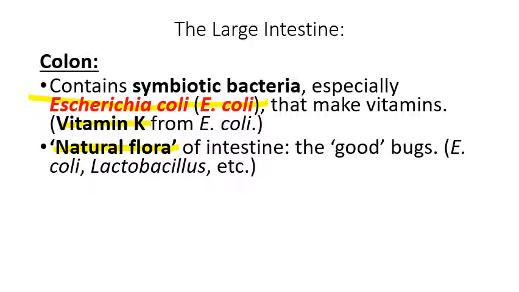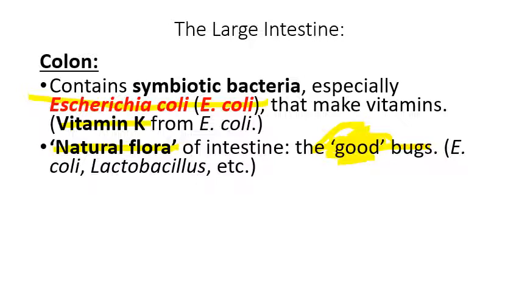And we can sometimes refer to them as the good bugs of the human intestinal microbiota, because not only do they not do us any harm, but they actually provide us with good things. And more importantly, because they are there, they prevent bad guys from getting in. So there are a lot of bad bacteria that could get into your intestine and make you sick, but they can't because the good guys are already living there.